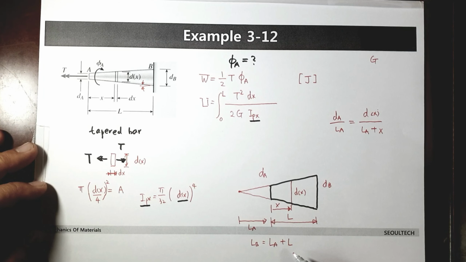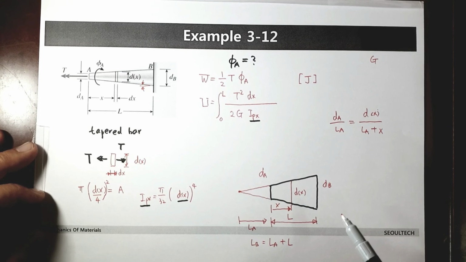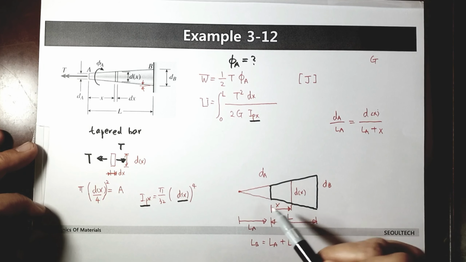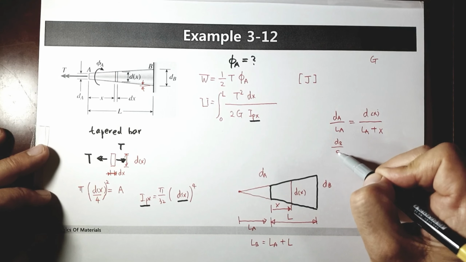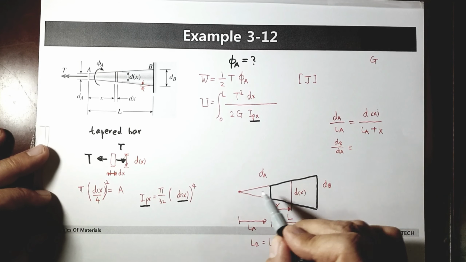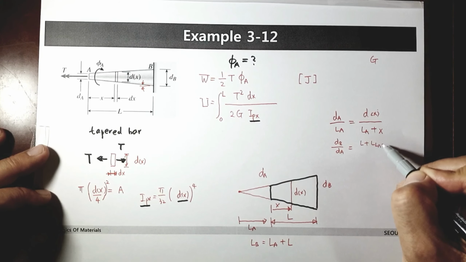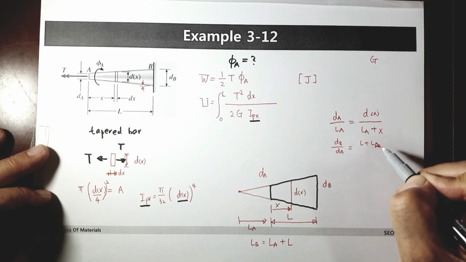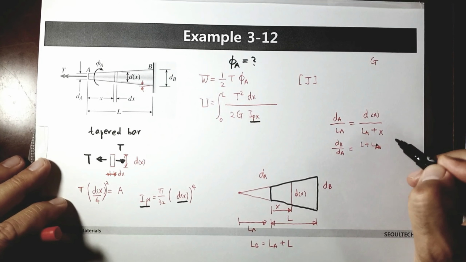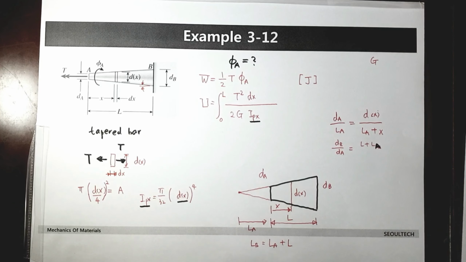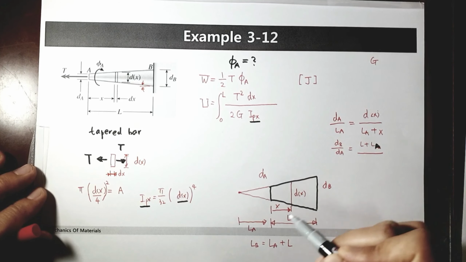But we can apply another relationship between this small one and the larger one. dB over dA equals L plus LA, this distance, divided by LA.